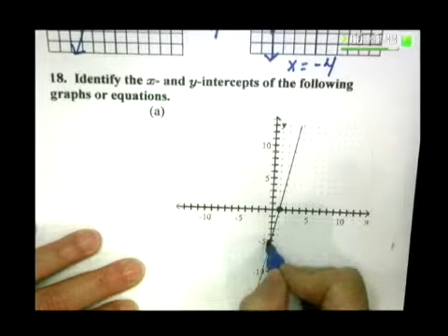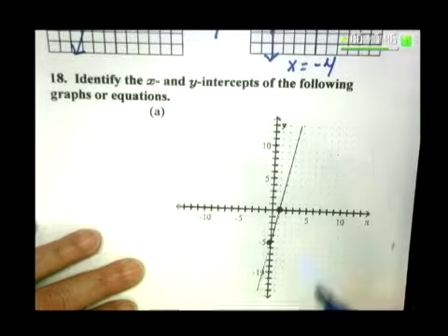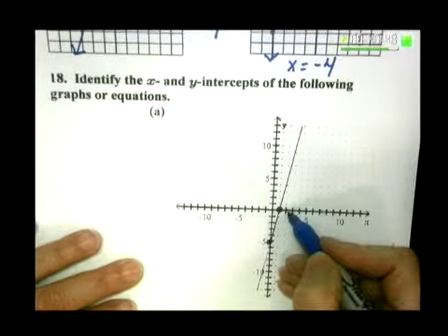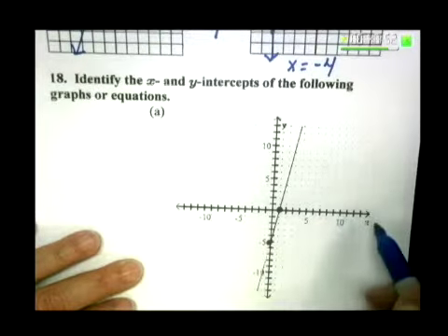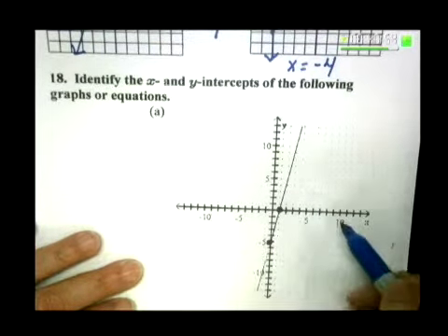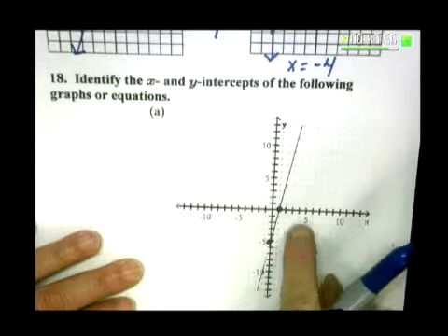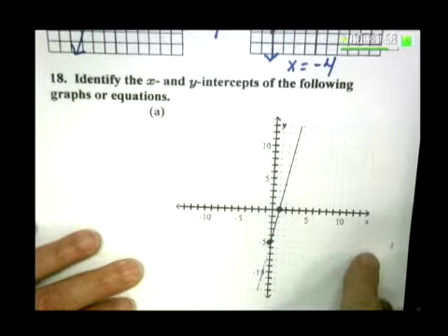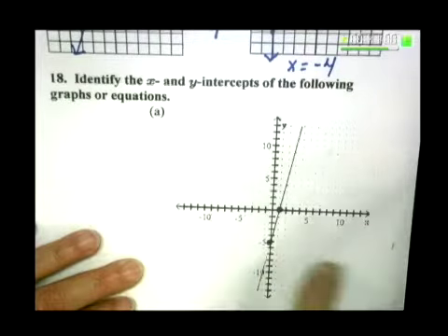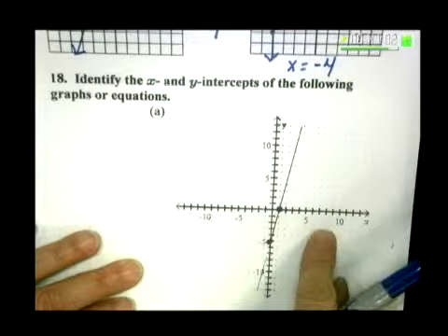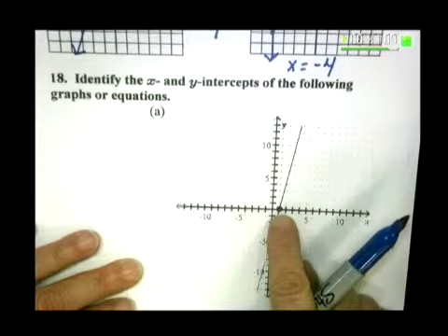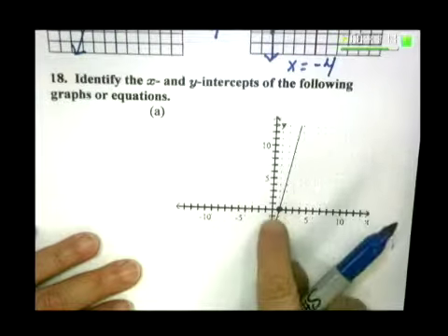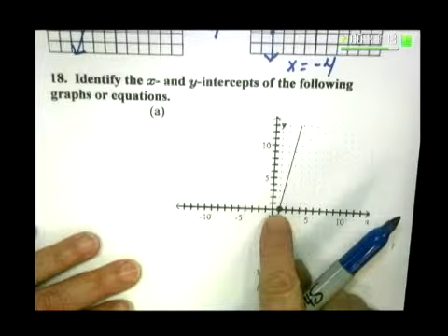Okay, so I have this point and that point. This line is crossing which axis? X-axis, so the coordinates of that point. Notice in this problem I only have numbers every 5 because it's too messy to write them. So every one of those divisions is worth 1. So this line crosses my x-axis at 1.